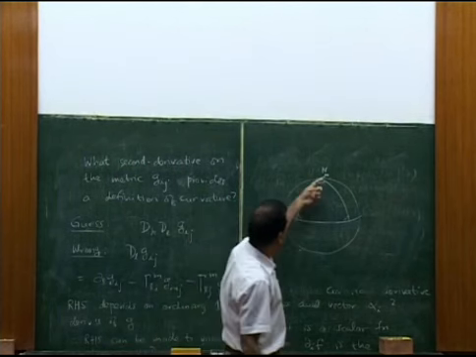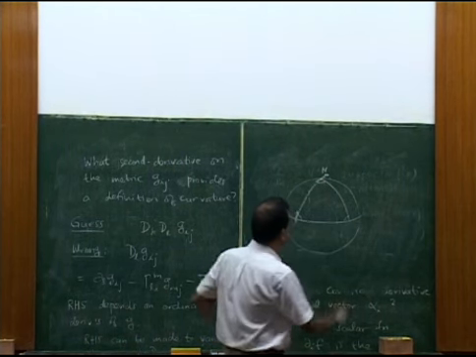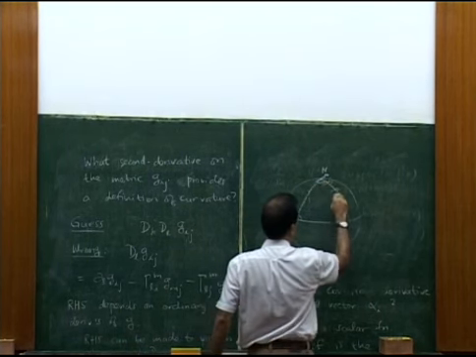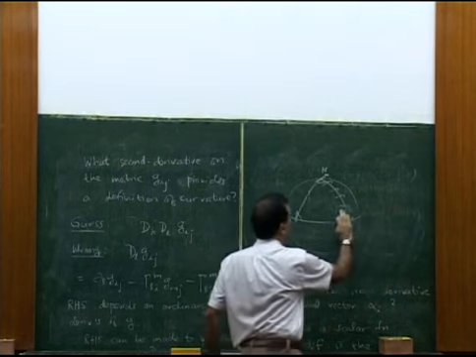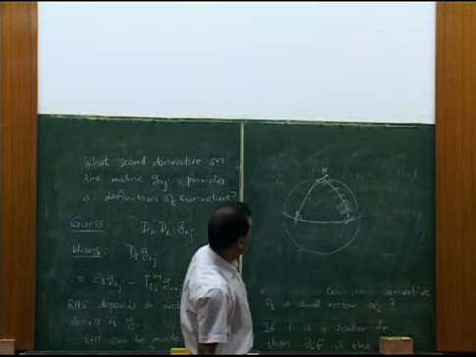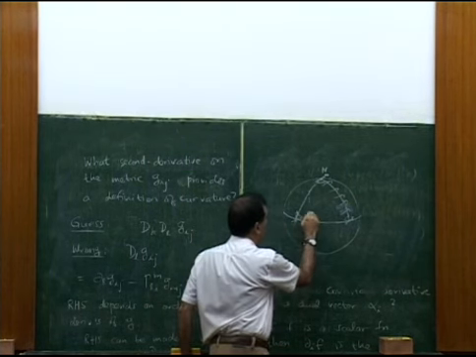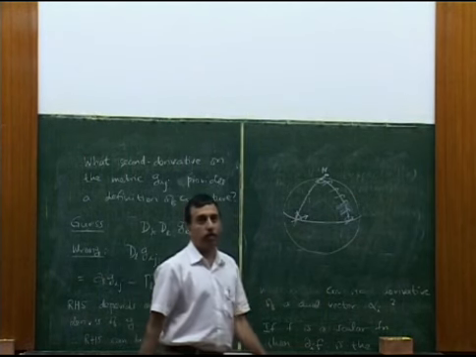Now let me parallel transport it along this guy. Okay, and now I parallel transport it back, and when I reach back, I find that it's not pointing in the direction it was pointing before.